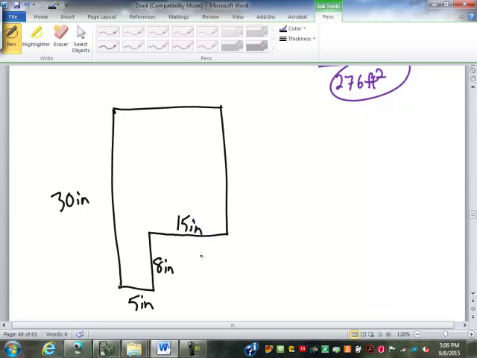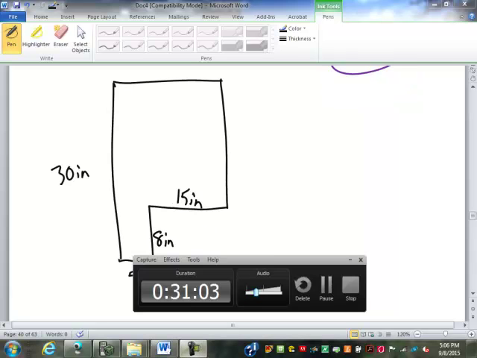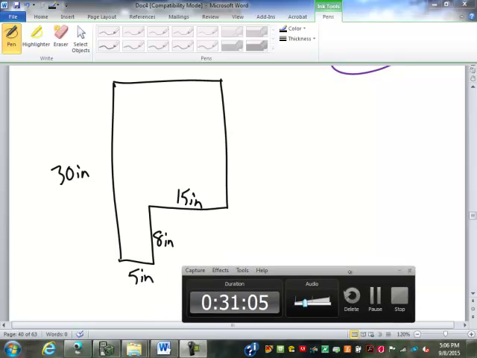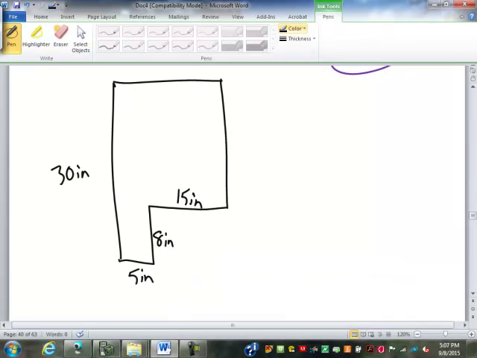Find the area of that. So this one I'd probably cut across here. This piece is 8 inches by 5 inches, or 40 square inches, or 40 inches squared.